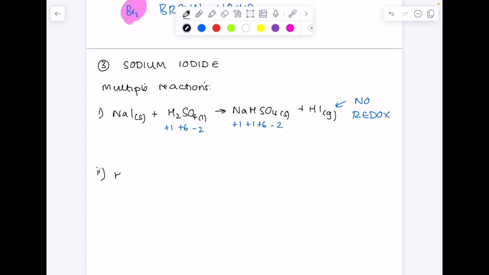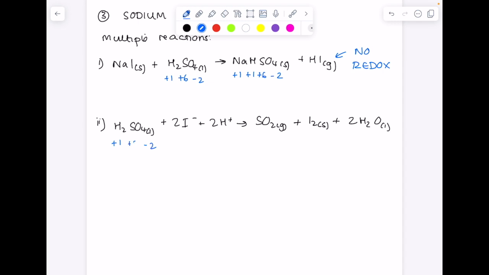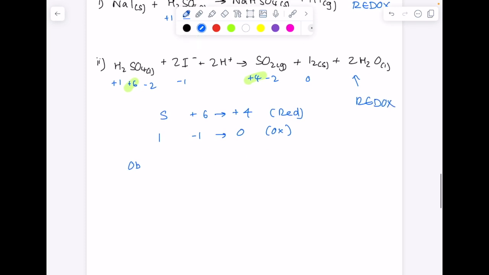Reaction 2 now. So there's reduction taking place because we've gone from +6 on sulfur to +4. Looking at iodine, we've gone from -1 to 0, so that's oxidation. So this is a redox reaction. Our observation here is a choking gas, which is sulfur dioxide.